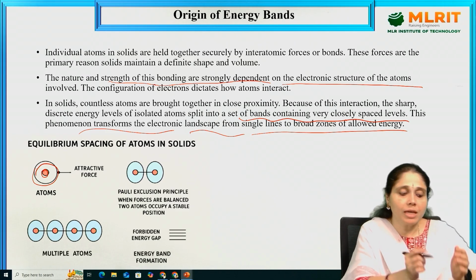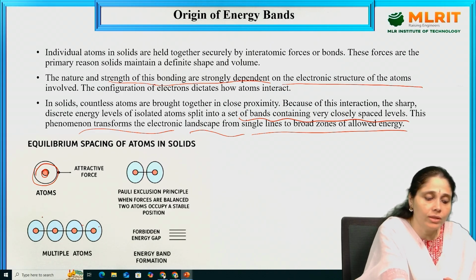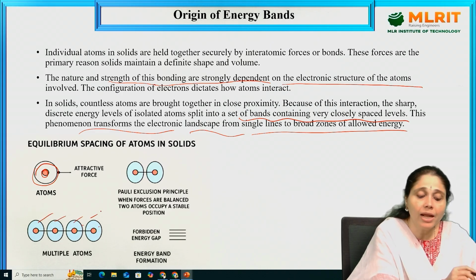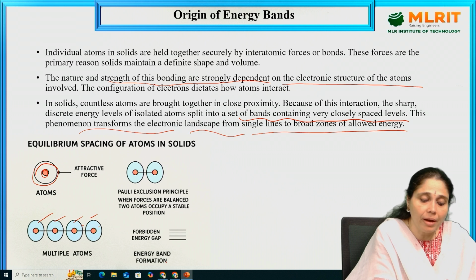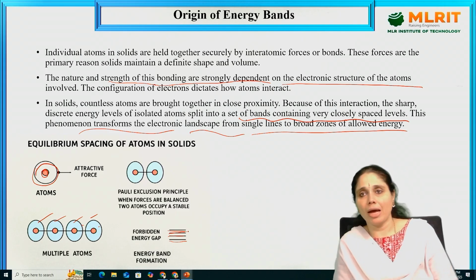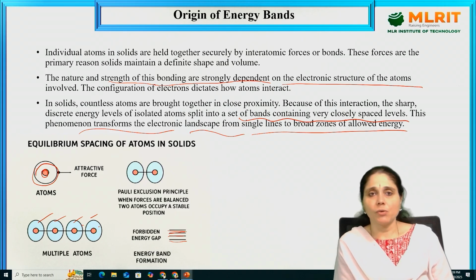When multiple atoms, say 1, 2, 3, 4, come close together, what happens? The energy bands are formed in a particular sequential manner.